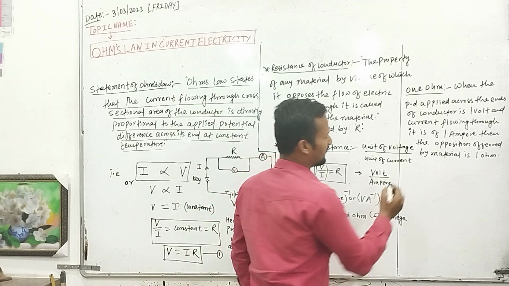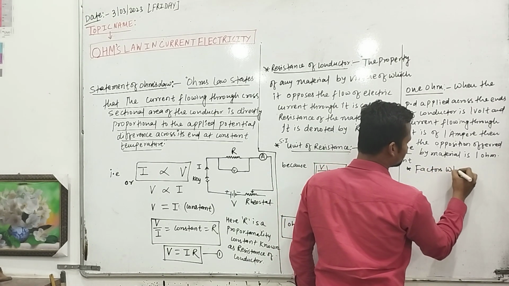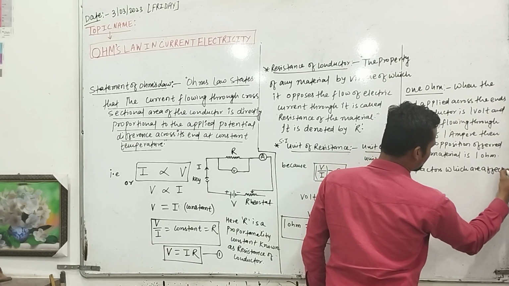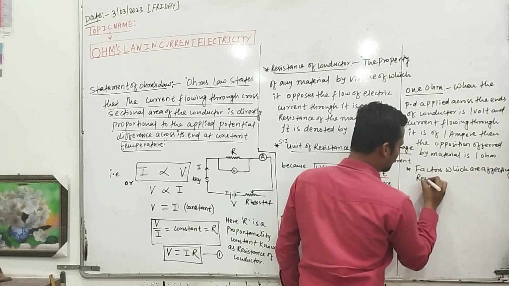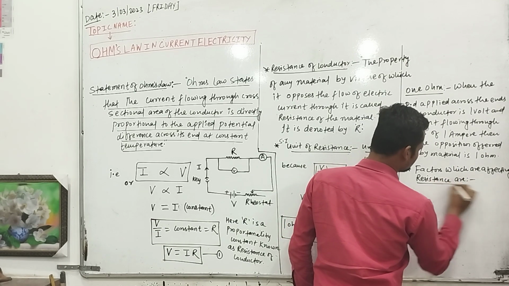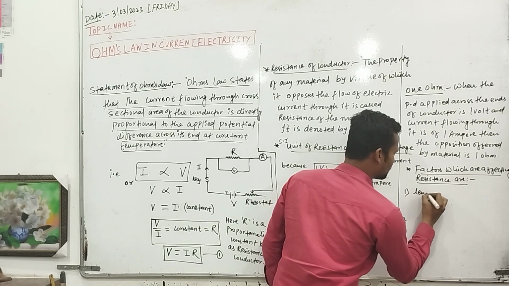So the factors which are affecting resistance are, first, the length of the conductor.